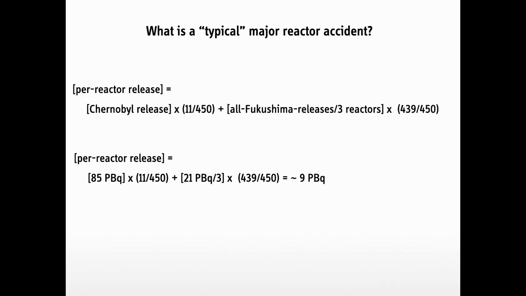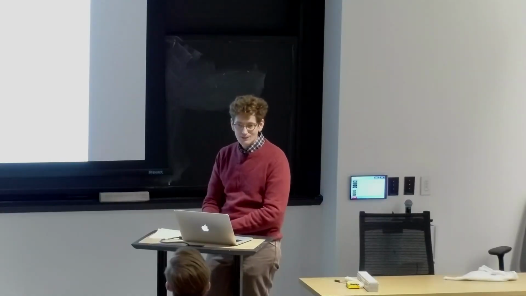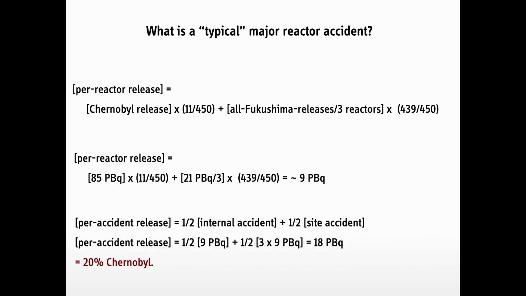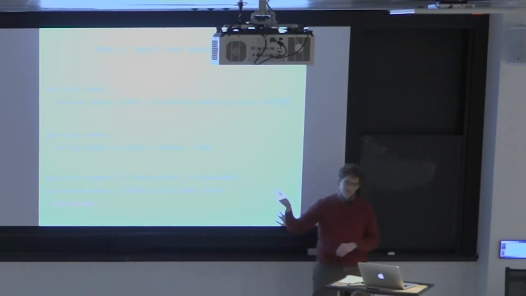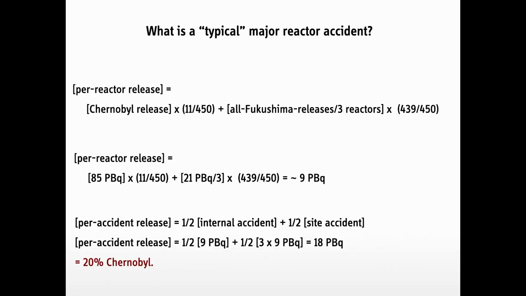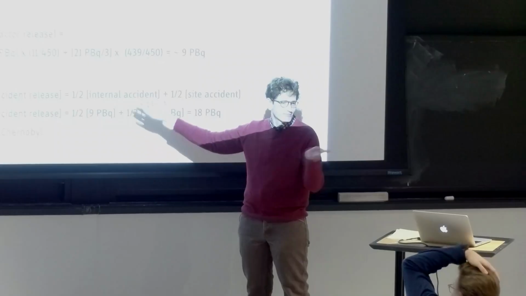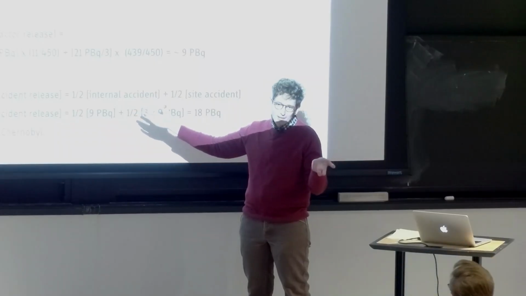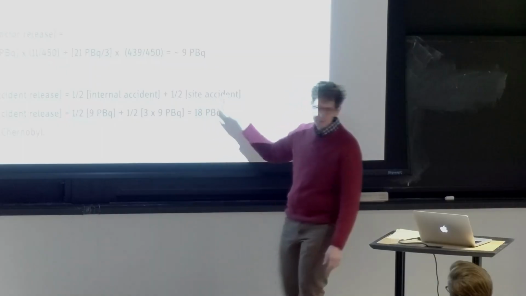Now, it turns out that not all accidents are simple reactor accidents. Some accidents are internal accidents, like at Chernobyl. And some accidents are site accidents that involve multiple reactors, right? So we need to figure out how to weight them. So what I'm going to do is just use empirical data. Barring any better data, roughly half of them will be internal and roughly half of them will be external.